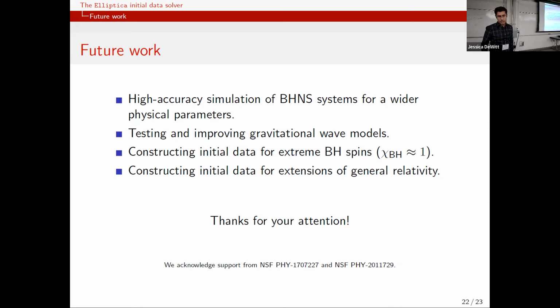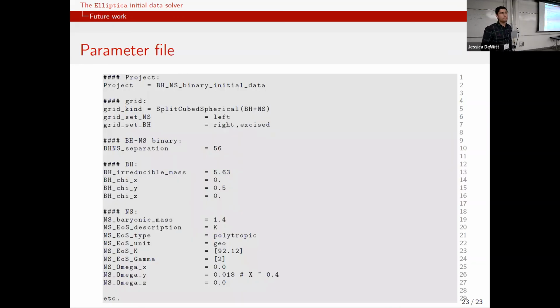The other thing that I want to mention, since I have a little bit of time, is the parameter file for Elliptica. The way that we do that is: Elliptica works project by project. So you have one project for a neutron star, one project for a black hole, and you combine them to get the black hole neutron star system. And if you want to get two neutron stars, you combine two neutron star projects to get a binary neutron star.